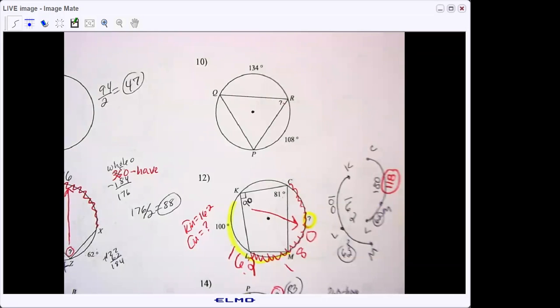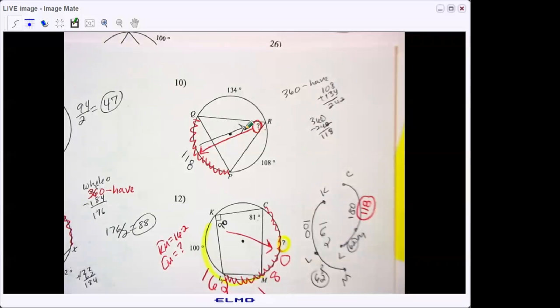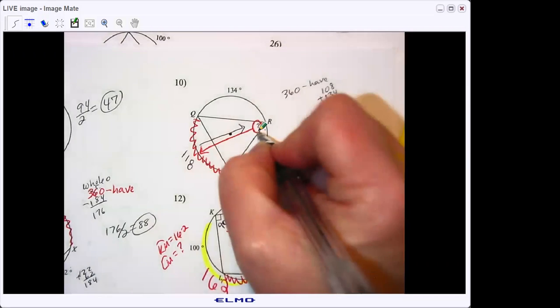Ernesto, question? Okay, so in order to find this arc, we take the 360 minus what we have, gives me the 118. And then as many of you have already put in the chat box, we take half of that to get the angle.